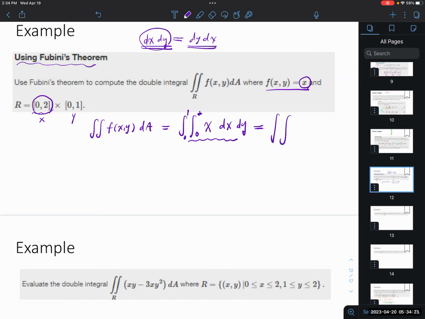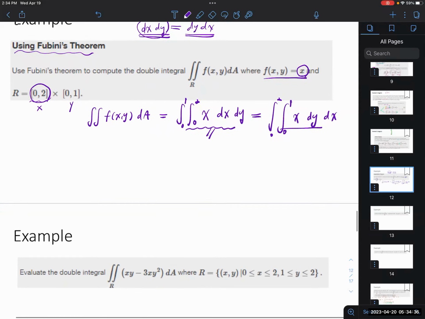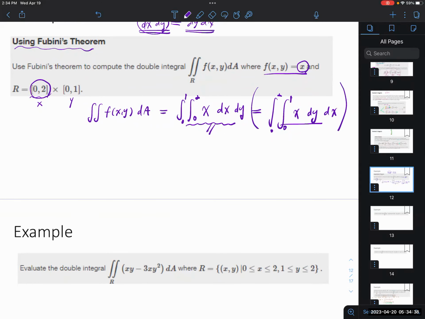It doesn't matter if you do dy first, then 0 to 1 and then 0 to 2. Doesn't matter which one you want to do, but I'm going to do this one. You can check the other one yourself, but I'm not going to do it.